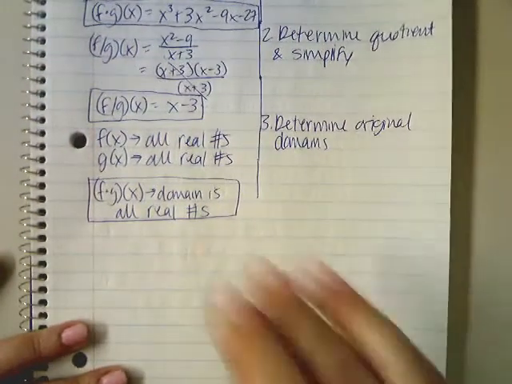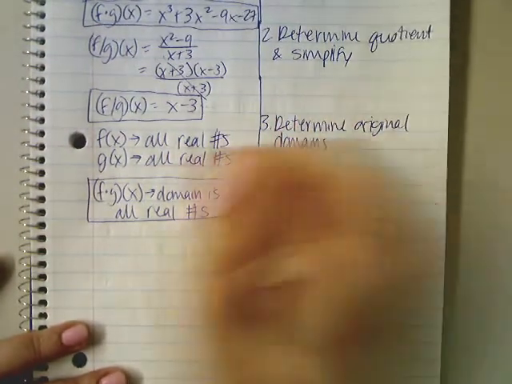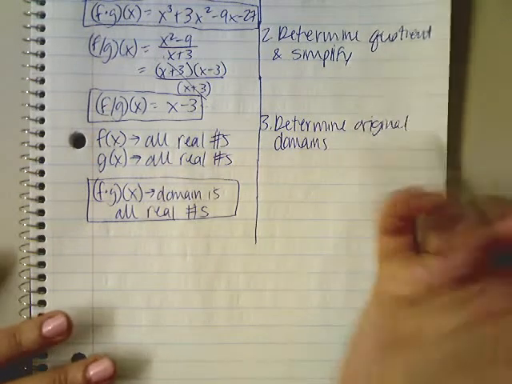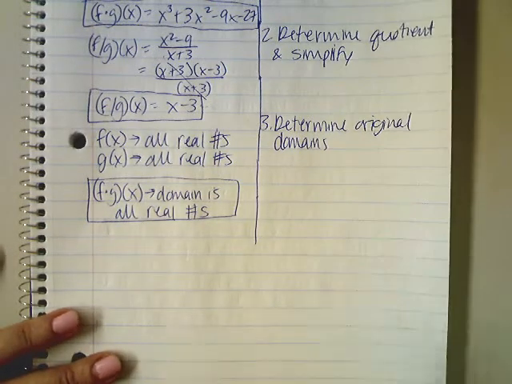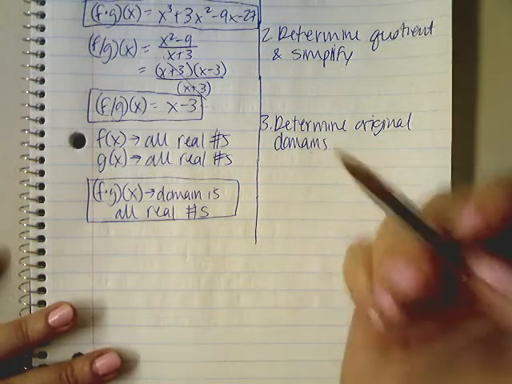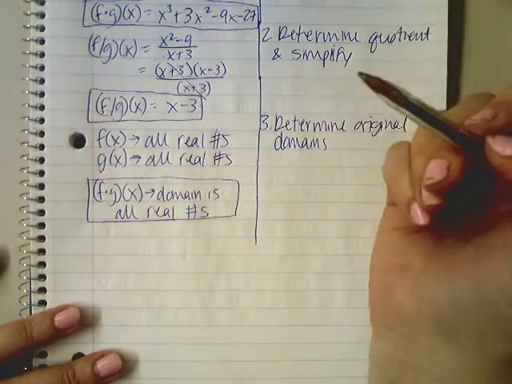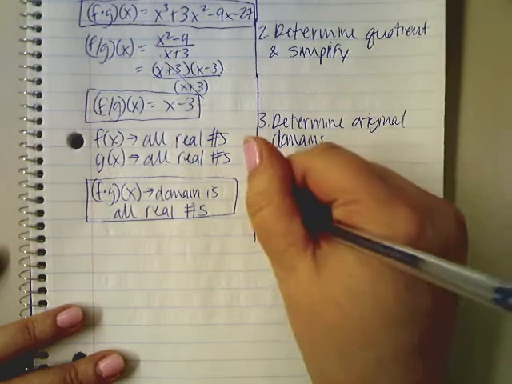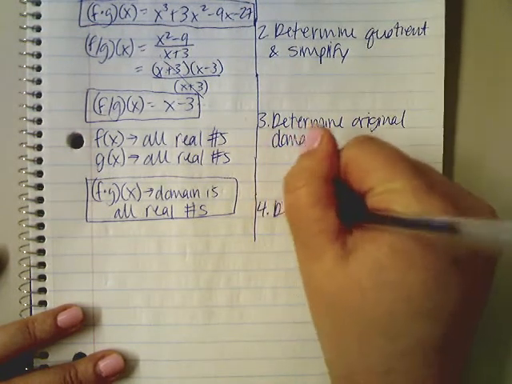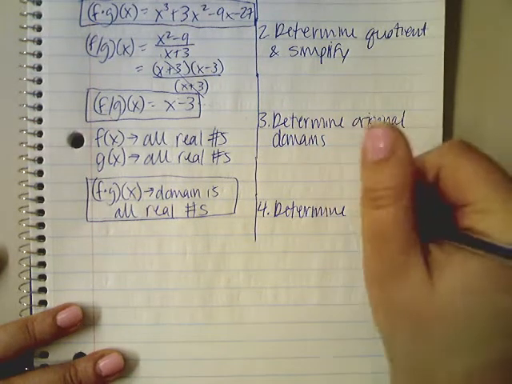The reason I didn't add the quotient, so for the quotient, the domain would be all real numbers if I just had to look at what the original domains were. But if you remember from that other page, I noted that our denominator can never equal 0, or the original denominator can never be equal to 0. So step 4, I've already started, but I'm going to determine new domains.